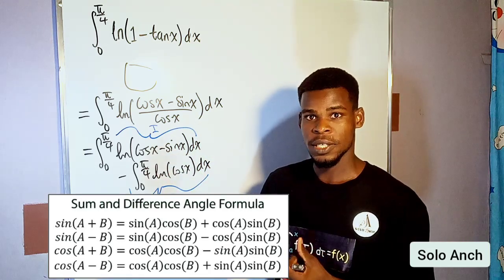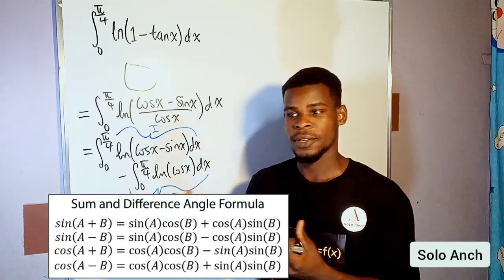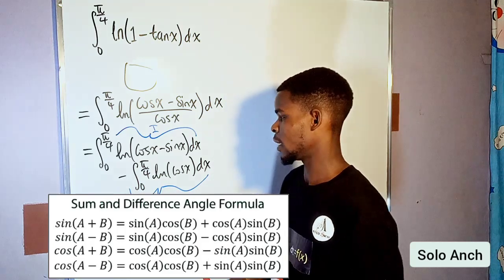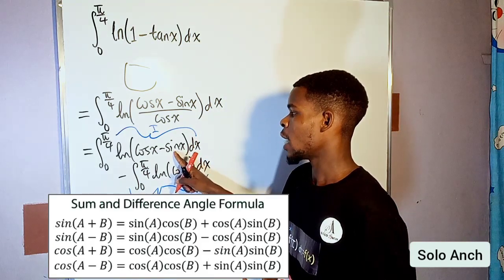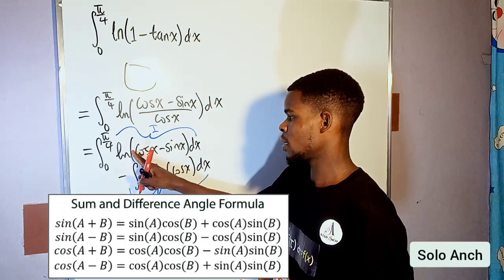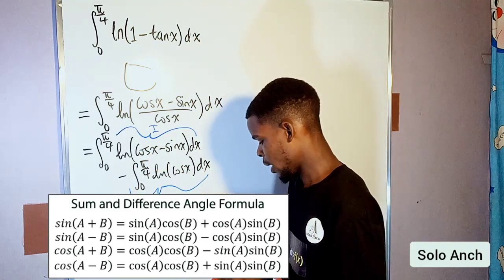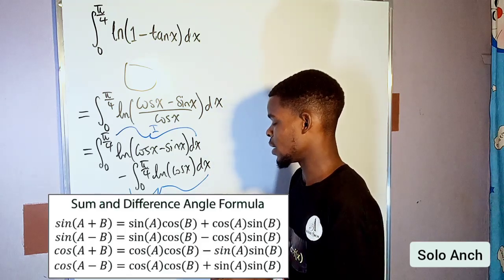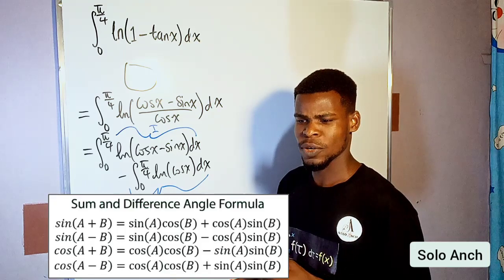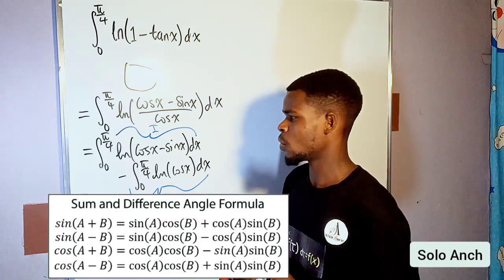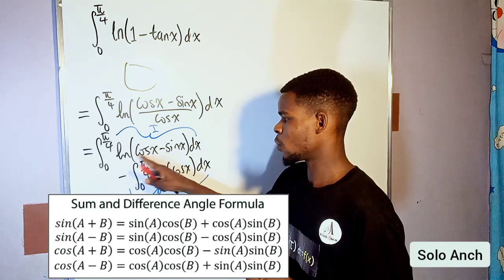If it was a difference, let's say sine of a minus b, that would be sine a cosine b minus cos a sine b. So you think about this as there is nothing here. Maybe the sine of the angle is missing, and then the cosine of that same angle is missing, and that could be because that thing was factored out. If it was factored out, then the two must have been equal.